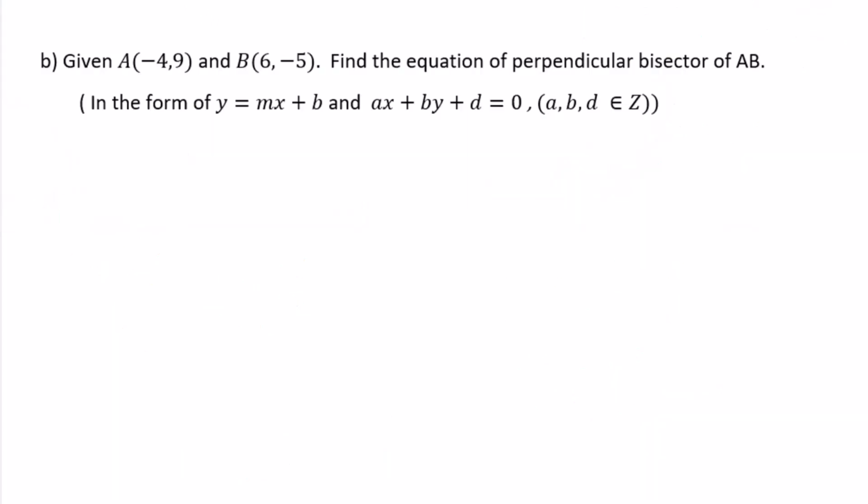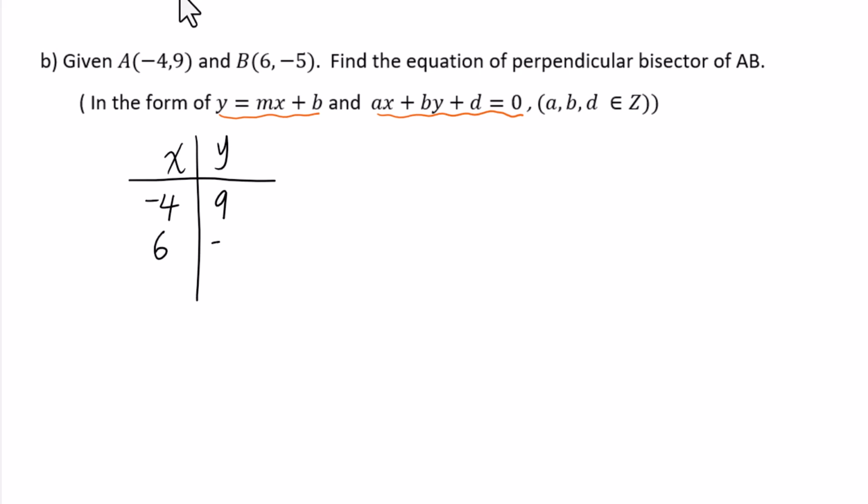Let's go to B. Given A and B, find the equation of the perpendicular bisector of AB. The x, y coordinates are negative 4, 9, and 6, negative 5.